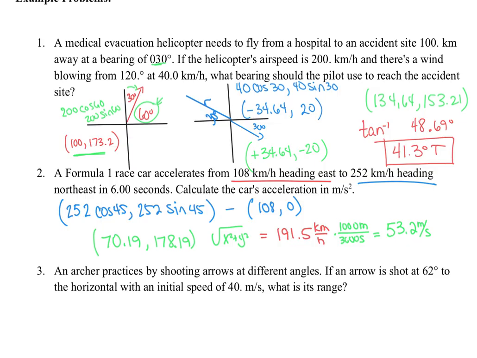That is my velocity. Velocity divided by time. What was my time here? 6 seconds. So velocity divided by time will give me my acceleration.